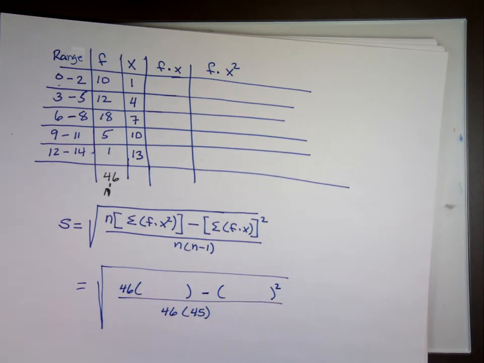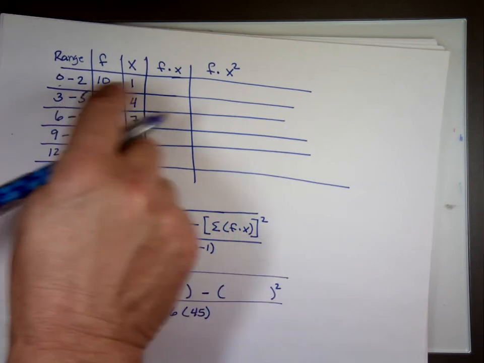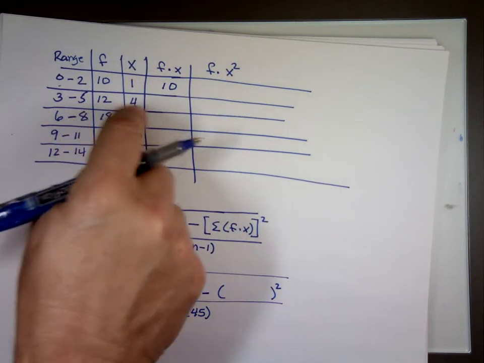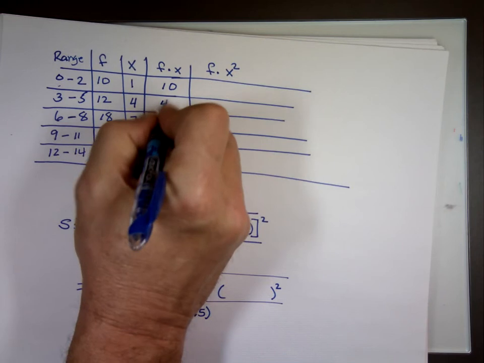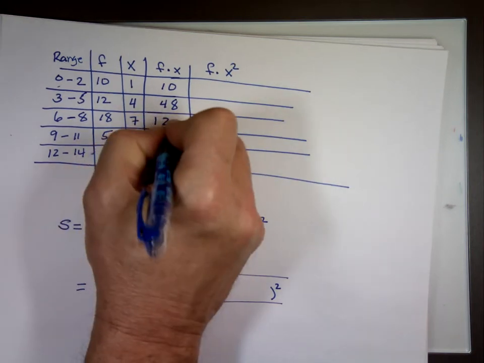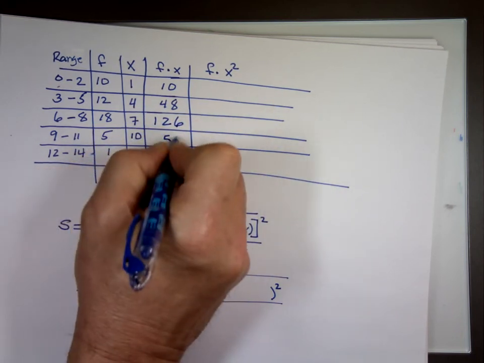This one says take f multiplied by x. 10 times 1, 10. 12 times 4, 48. 18 times 7, big number, 126. 5 times 10, 50. 1 times 13 is 13.